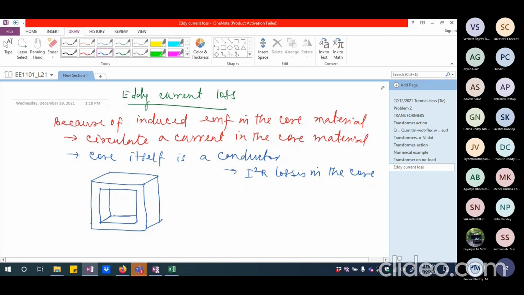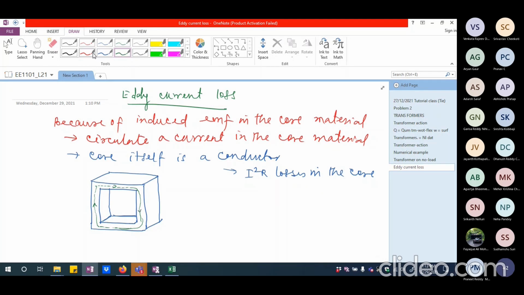Right? This is how the core will be. Now, what I would see normally is the flux is going to be established somewhat like this. So the flux actually is established along this plane, which is the front portion of the transformer.